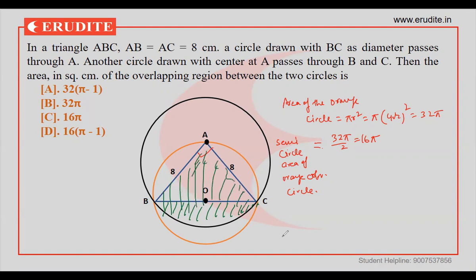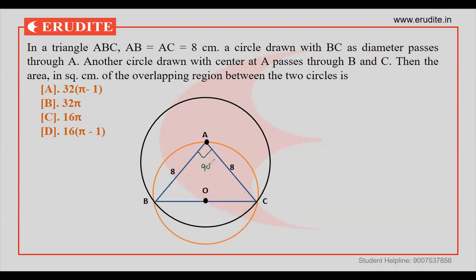So guys, we know that this is 90 degrees, then the area of the sector will be how much? 90 by 360 into pi, area of the black circle. Pi into r, the radius of this black circle is AB, which value is 8. So it is coming 16 pi. Out of this area of the sector, you have to subtract the area of the triangle.